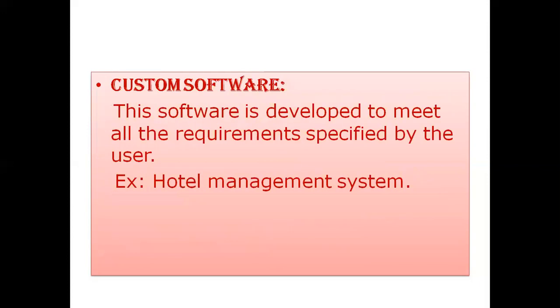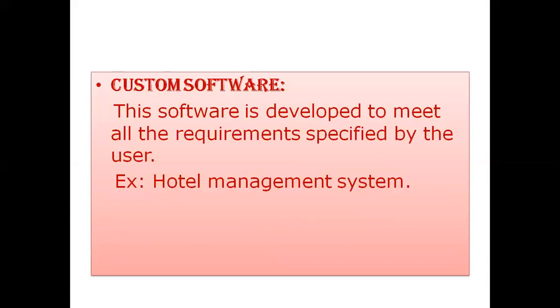Now let us see custom software. Custom software means it is a software which is developed according to the requirements of the customer. For example, take our particular school app only. In school app, why is it developed? To view the videos or view the lessons. It consists of all the information regarding our school only.